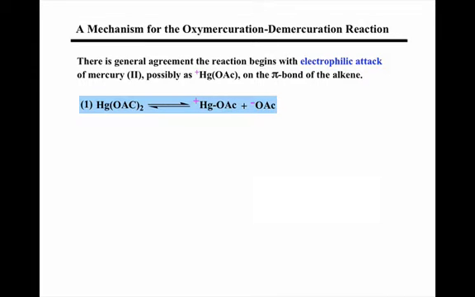And so if we think about the mechanism of the oxymercuration-demercuration reaction, okay, we're going to see a couple of things. Now, it turns out that when mercuric acetate gets dissolved in water, it dissociates. It's an equilibrium reaction, but it dissociates into the mercury cation and acetate, kind of like a salt. So the mercury is positively charged, just like Matt just said, right?